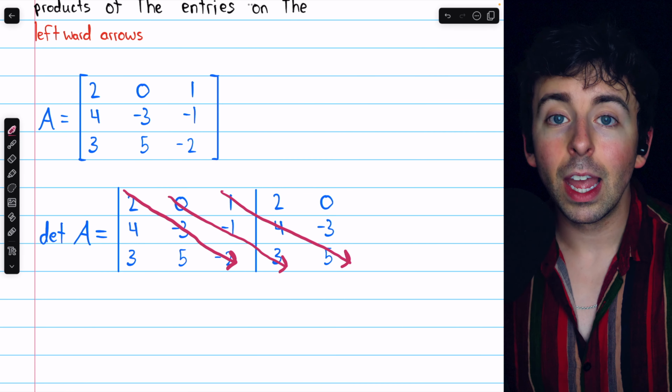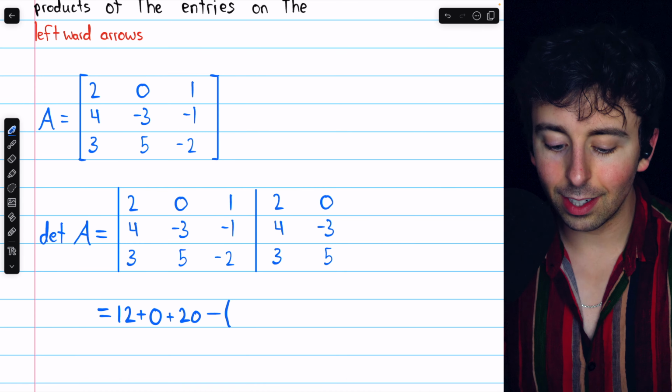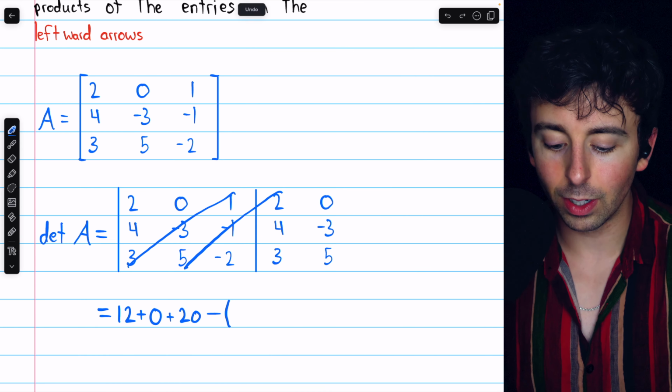So beginning this computation, we have 2 times -3 times -2, which is +12. And then the next one is 0 times -1 times 3, which is 0. And then 1 times 4 times 5, which is 20. Now we're going to subtract and do the same thing with these leftward diagonals.